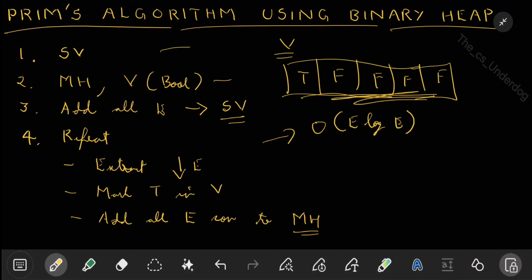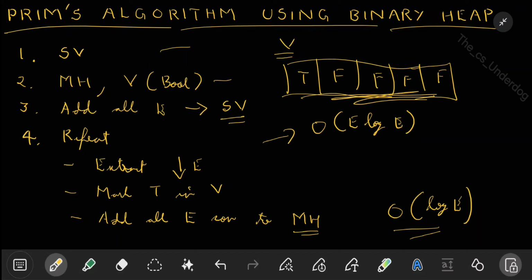What is the other time consuming operation? If you want to mark as true, this will take only order of 1 time. So e times order of 1 will be order of e in total. And what about adding all the edges connected to this vertex to the min heap? This adding will again take order of log e time.